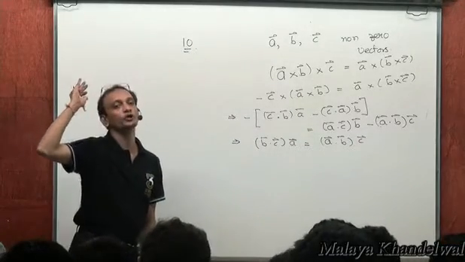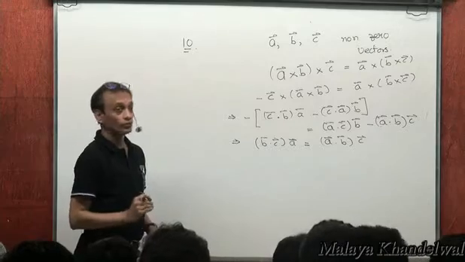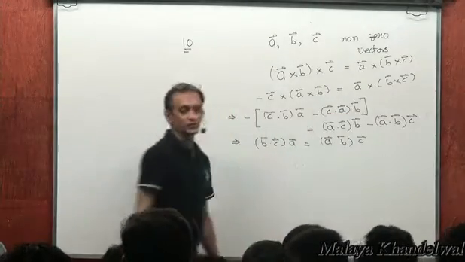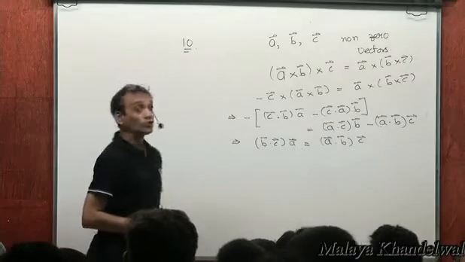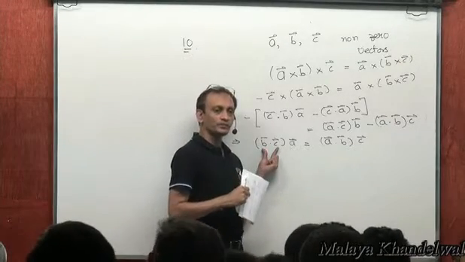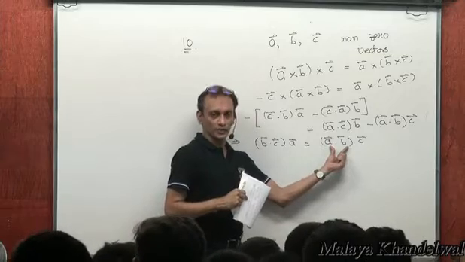Right? Yes or no? See, this A dot C into B, A dot C into B will get cancelled from both sides. Now there are two possibilities. B dot C is just a number. A dot B is also a number.